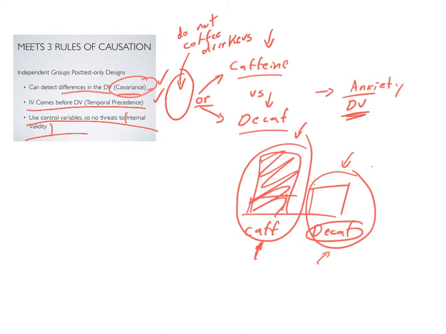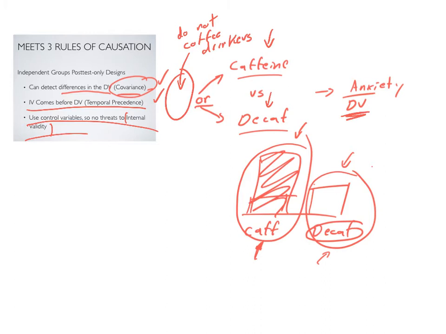Just so I can make sure their bodies respond similarly to caffeine. They haven't built up any tolerance to caffeine, right? I want to make sure they're equal in terms of that. So I'm going to recruit only people who don't drink coffee.